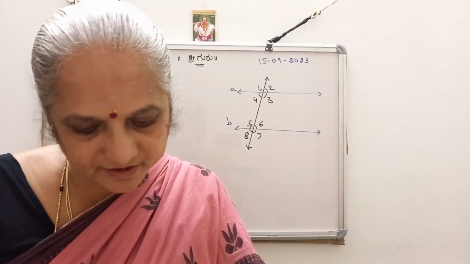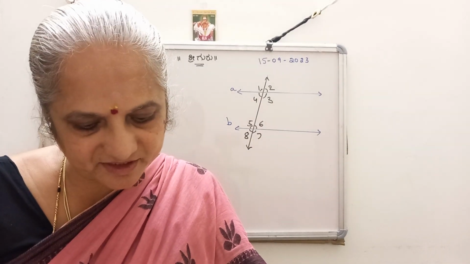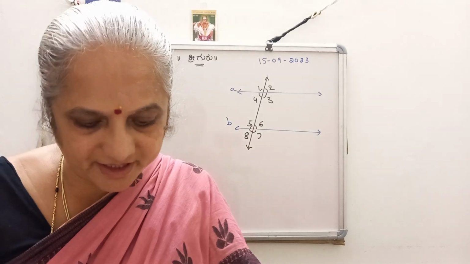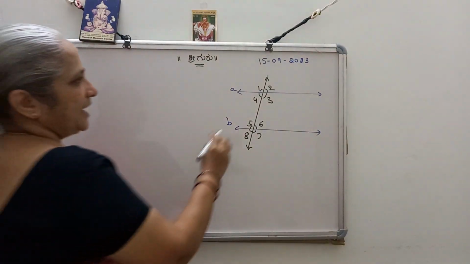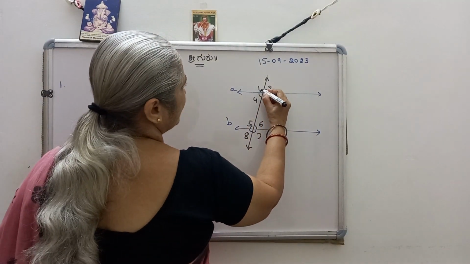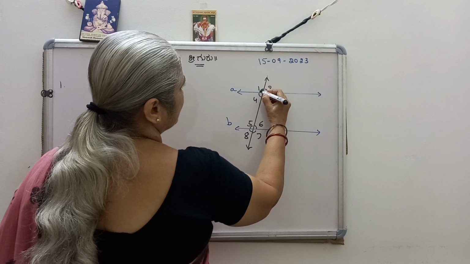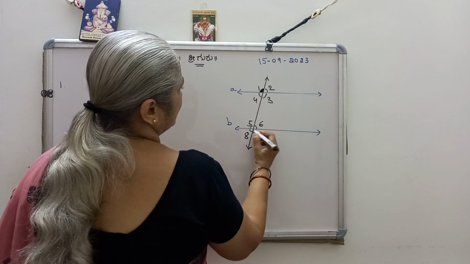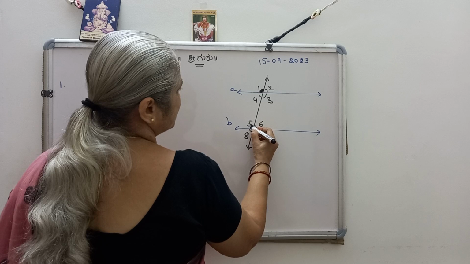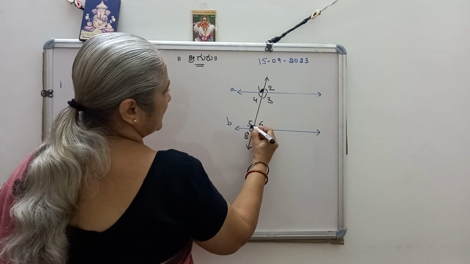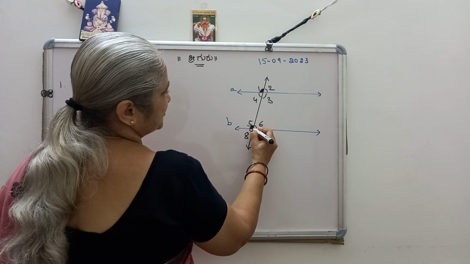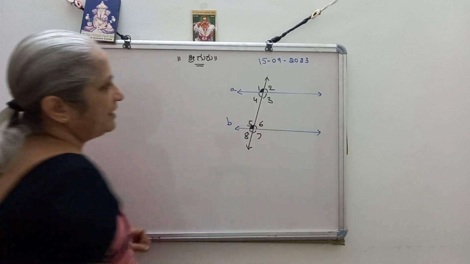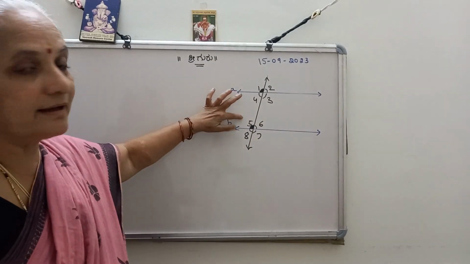State the property that is used in each of the following statements. If A parallel B, then angle 1 is equal to angle 5. Just now we studied about the parallel lines and its transversal and the angles formed. Are they not the corresponding angles?